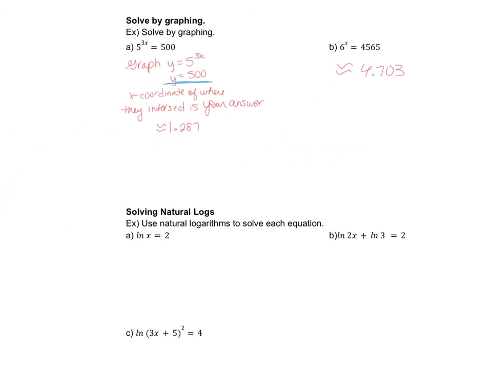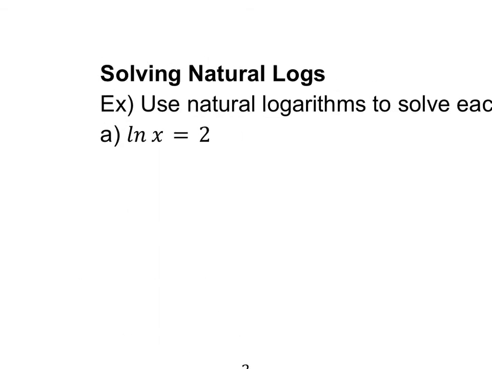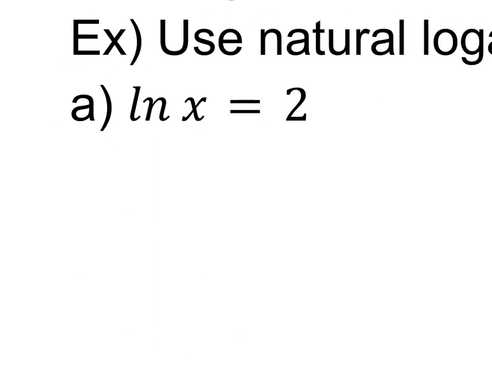All right, last but certainly not least, everybody's favorites, natural logs. Okay, don't freak out. You'll be all right. So, do you have any idea of how to get the x by itself? What on earth would cancel out a natural log? Think back to our previous homeworks.